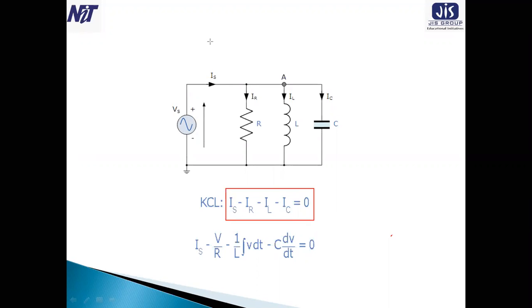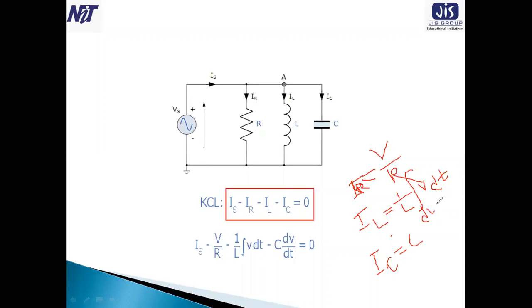IR equals V divided by R. If there is an inductor in a circuit, the inductive current is IL, and the equation of IL is 1 by L integration of V dt. That is the amount of current for the inductor. What is IC? IC is C dV by dt.